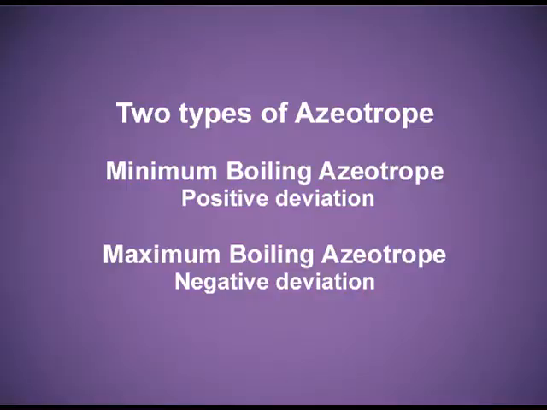Further, the azeotropes are again classified as maximum boiling azeotrope and minimum boiling azeotrope. The minimum boiling azeotrope is shown by the solutions showing positive deviation, and maximum boiling azeotrope is shown by the solutions showing negative deviation.